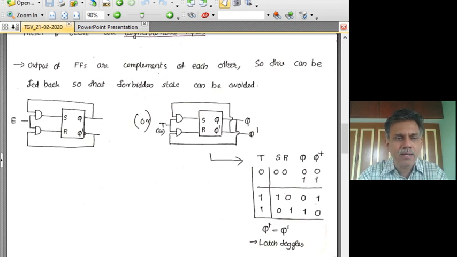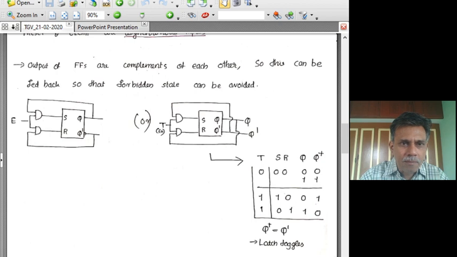We saw that if you operate the latch in the normal form, in the restricted conditions without getting into the forbidden states, Q and Q bar are a complement of each other. So we can as well use them for generating a device wherein the forbidden state is removed.